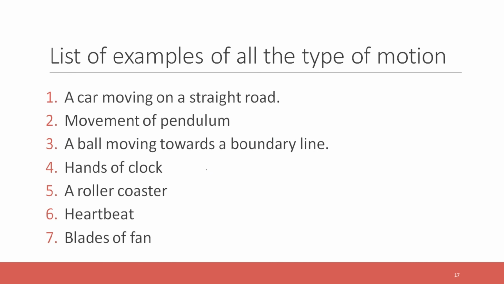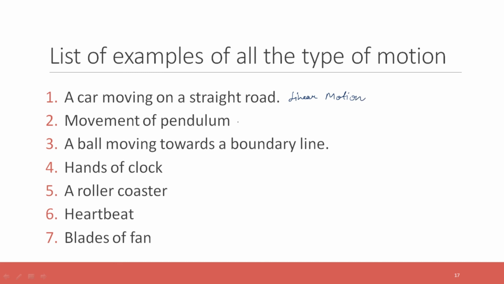So here is a list of examples of all the types of motions. The first one is a car moving on a straight road. Can you answer which type of motion this is? Yes, very good. This is a linear motion. The next one is the movement of a pendulum.